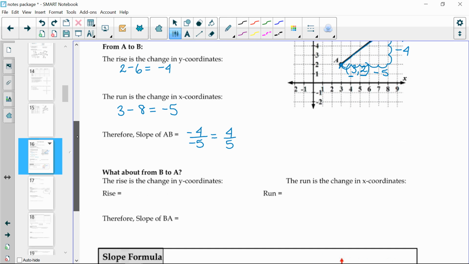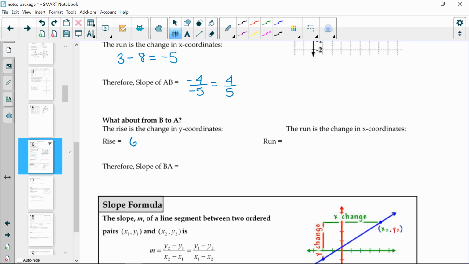So my rise is going from 6 down to 2, which gives me 4. And my run is my horizontal change, so it's going from 8 to 3, which is a change of 5. Therefore, the slope of BA is +4 over 5. So our slopes are the same, which is exactly what we want.